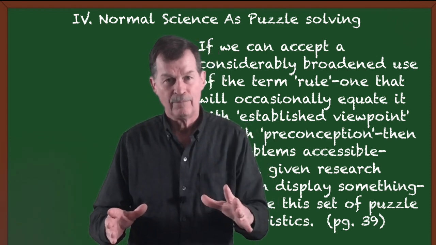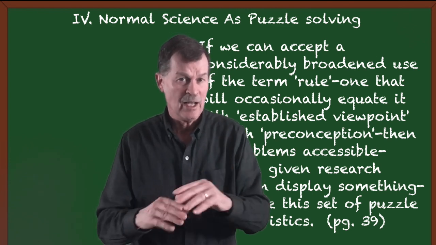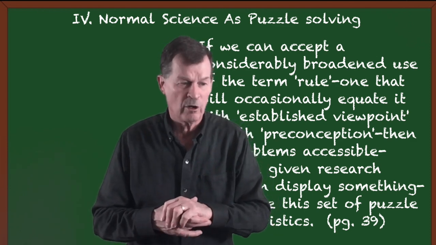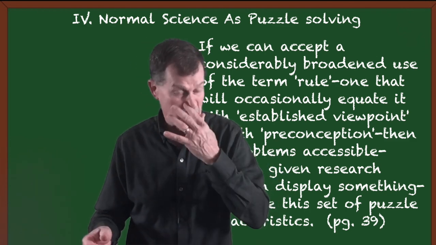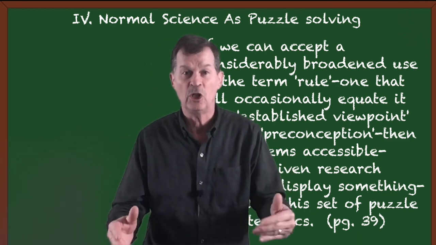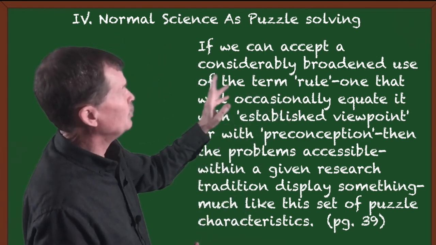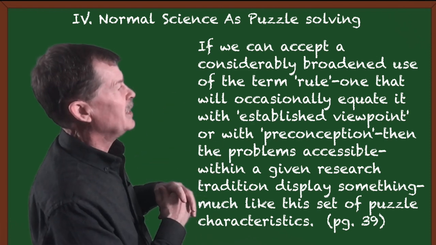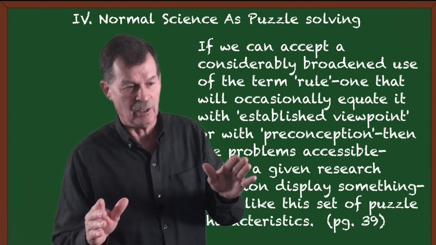Okay, so if a paradigm has to have rules, whether they're explicit or not, it has rules, it has boundaries, how to do science. What are the acceptable instruments? What are the acceptable procedures? What are the acceptable conclusions? Those are rules, but then Kuhn says those rules then could be equated with an established viewpoint. Okay, now we're back to worldview.